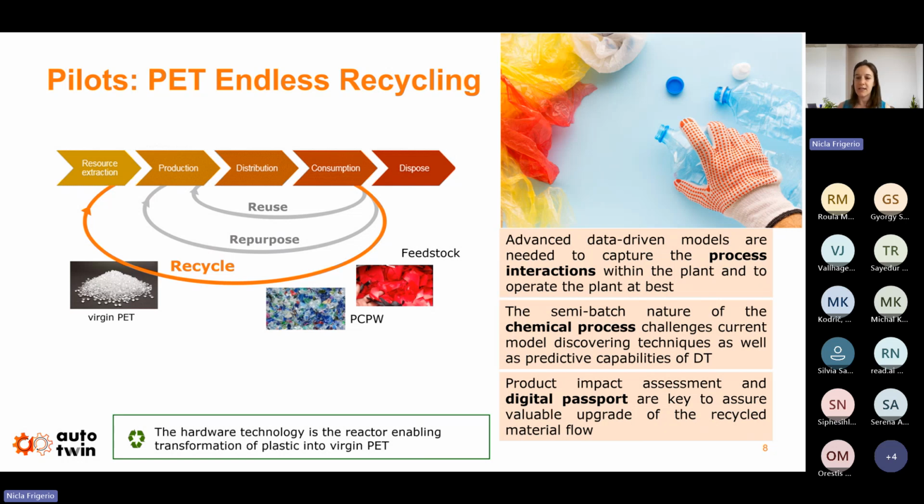You have a lot of phases because of the chemical reactions you need to take into consideration. But everything is automated and controlled. So the process is complex, but the stochasticity is very small with respect to the process. On the other hand, the quality of incoming feedstock may affect the efficiency of the system a lot. And so having a digital passport of the incoming product can be a very valuable piece of information.